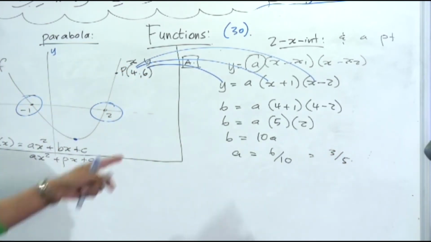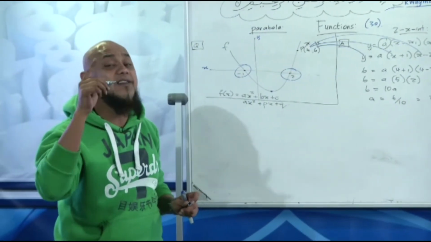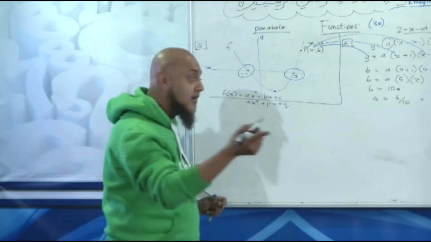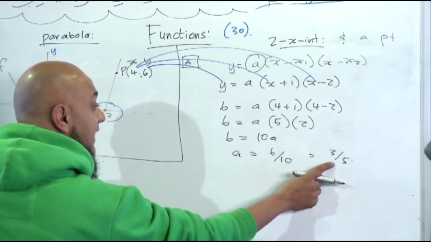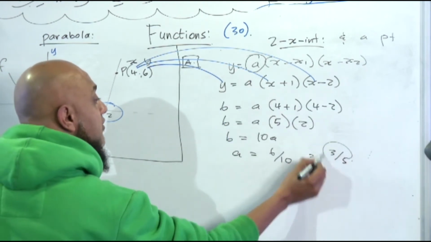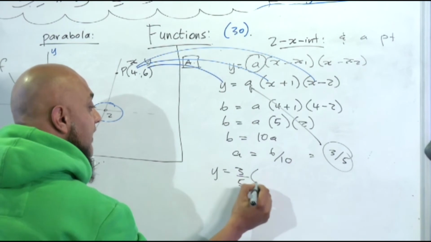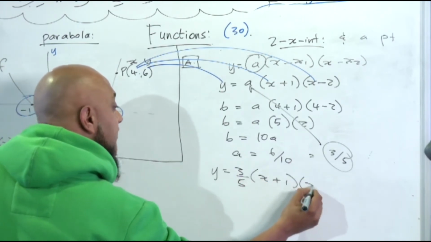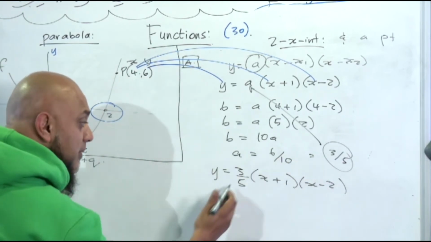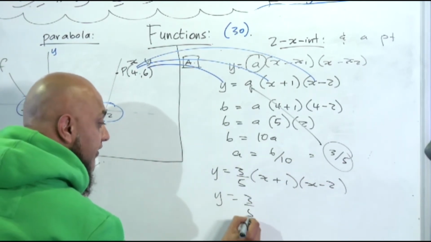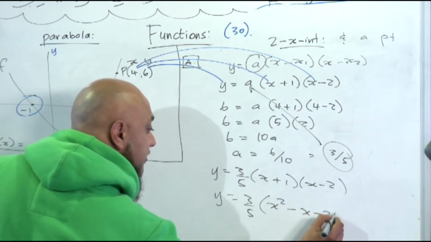a is a fraction. I changed this value just to show you that the a value doesn't necessarily have to be 1. It was, like I said, purely coincidental in the previous example. So now take this 3 over 5 and plug it back into there, because we need our final equation. So y is equal to 3 over 5 into x plus 1 into x minus 2, without the x and the y. Now multiply it out. y is equal to 3 over 5 into x squared minus x minus 2.